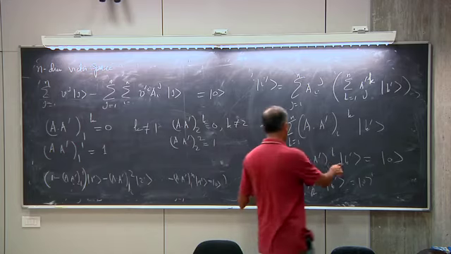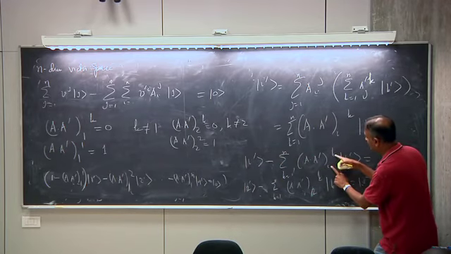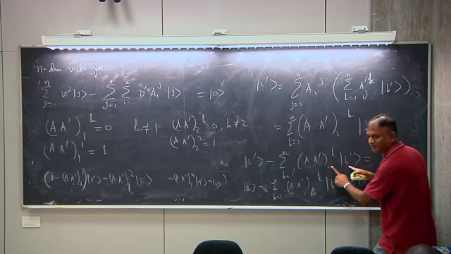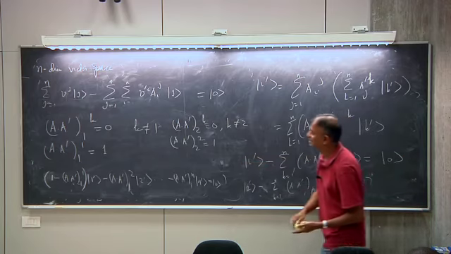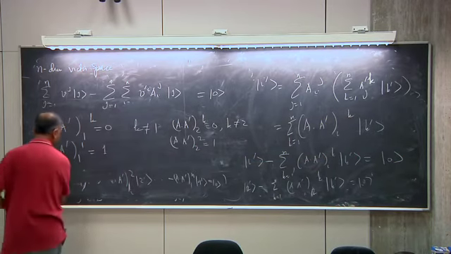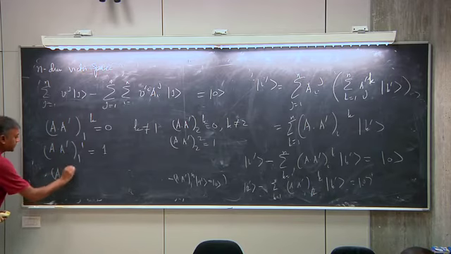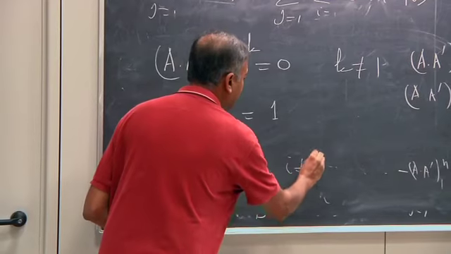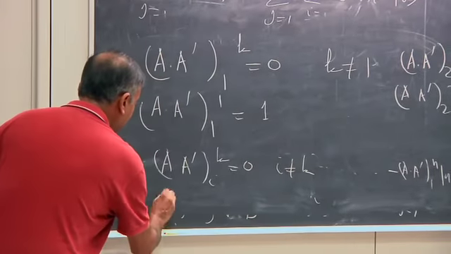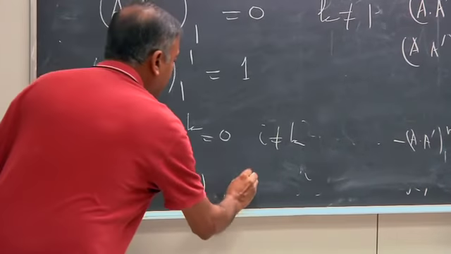You see, already you can see from this equation, for arbitrary I, when k is not equal to I, this coefficient must be 0. And when k is equal to I, it must be equal to 1. Right? So the general formula that we are obtaining is this here. A times a prime ik equal to 0 whenever I is not equal to k, and a times a prime ik equal to 1 when I is equal to k.